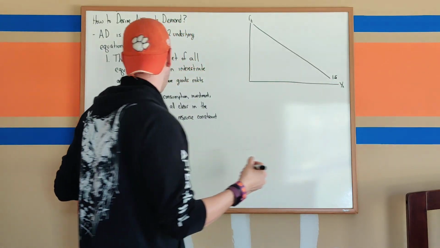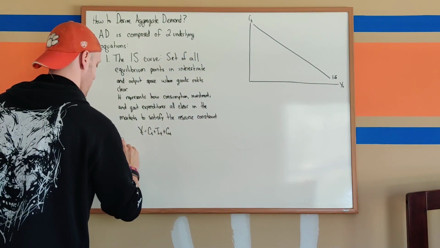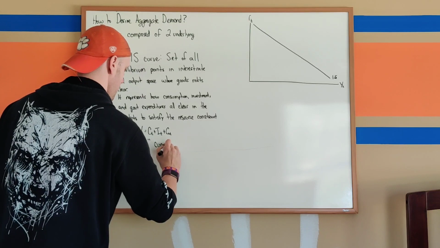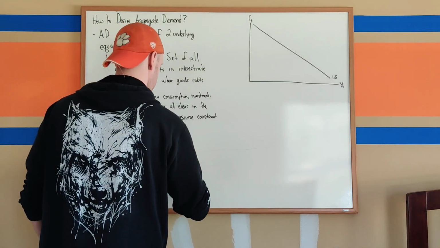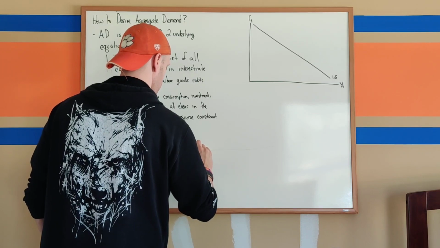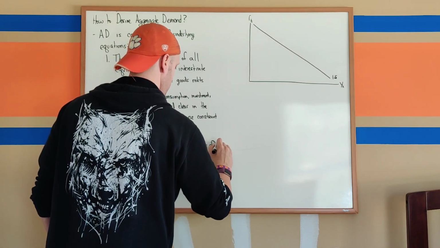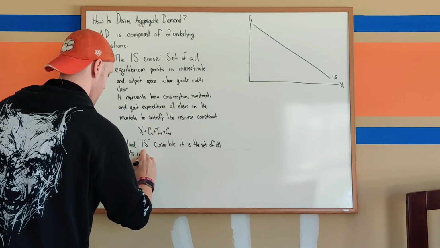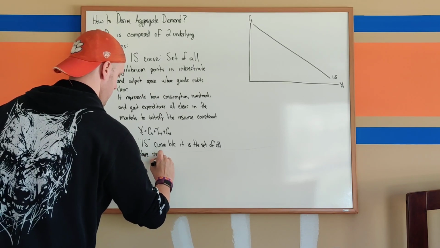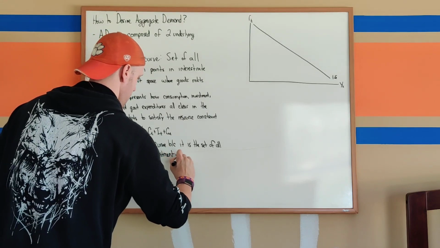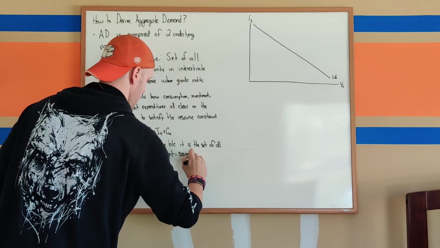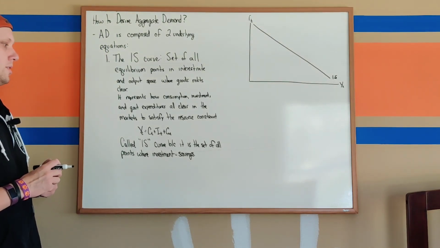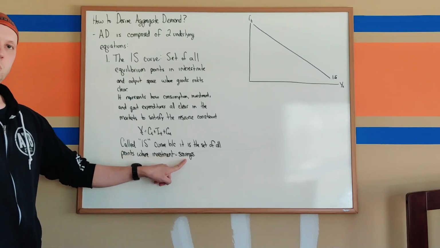Now it's called the IS curve because it is the set of all equilibrium points where goods markets clear, where investment and savings are equal to each other.